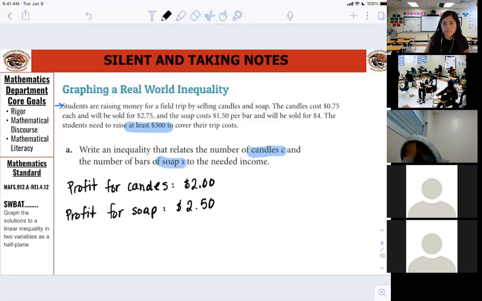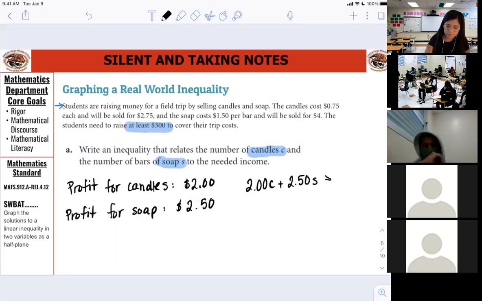So I could do, let's see. Okay, I see Ascanio wrote it in the chat. I got it. You got it too? What do you have? I got $2 times C, my variable for candles, plus $2.50 times S, my variable for soap, greater than or equal to 300.